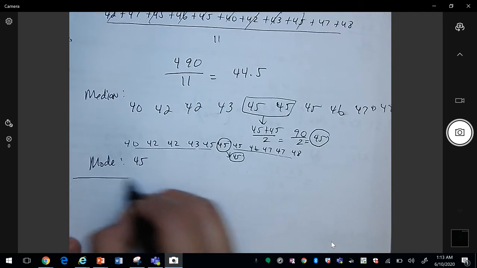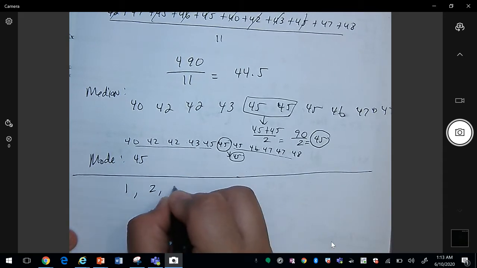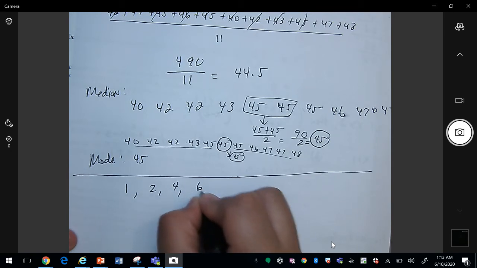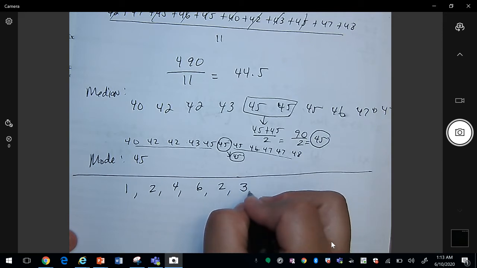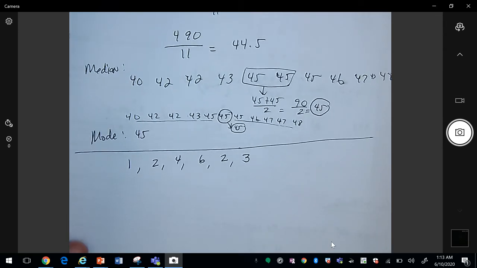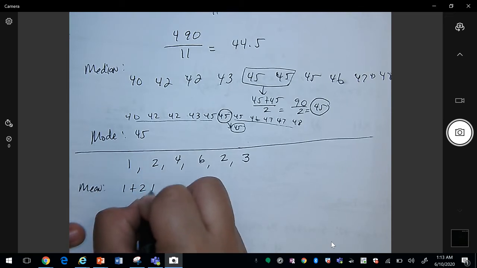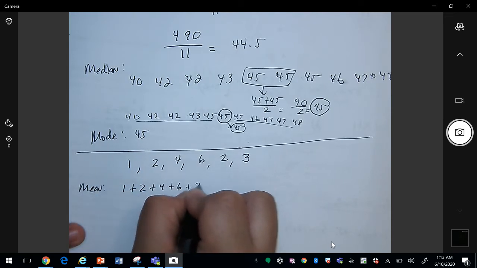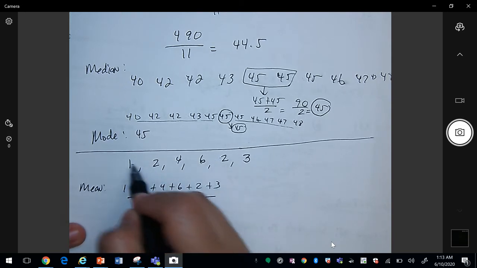Let me give you another example. Let's say we had 1, 2, 4, 6, 2, 3, and that's it. To find the mean, we would add these numbers and divide by 1, 2, 3, 4, 5, 6.